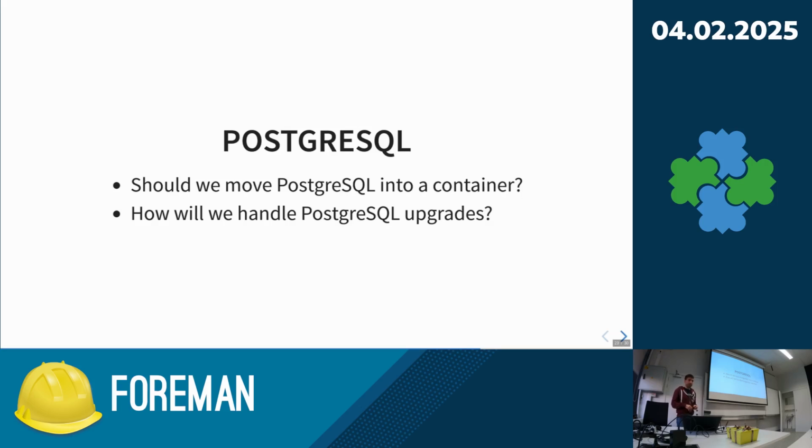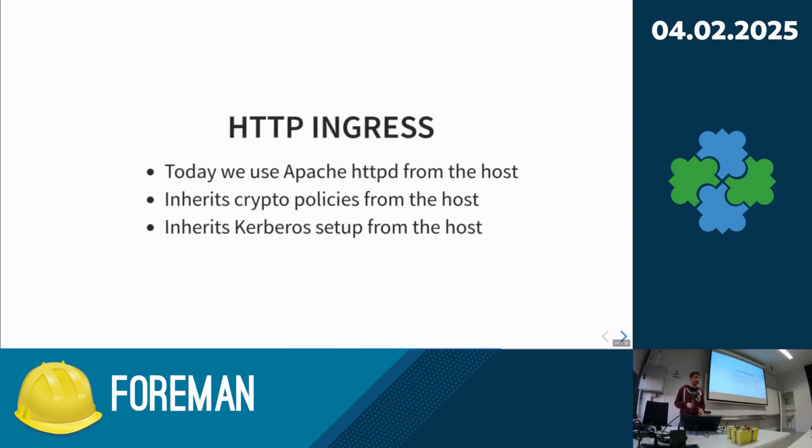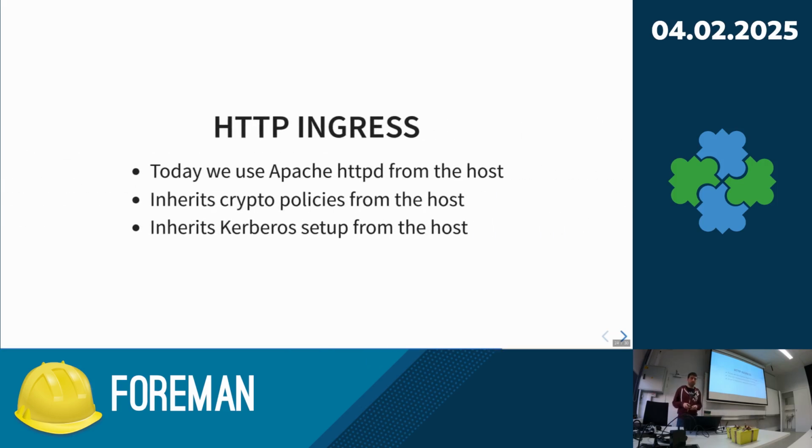We will not have to figure out Redis because we use Redis only for caching, and we really don't care how it's deployed. As long as there's a Redis or a Redis-like database thing, it will work. What we do have to care about is HTTP ingress. Today we use Apache because, again, this is something that has existed since ever.